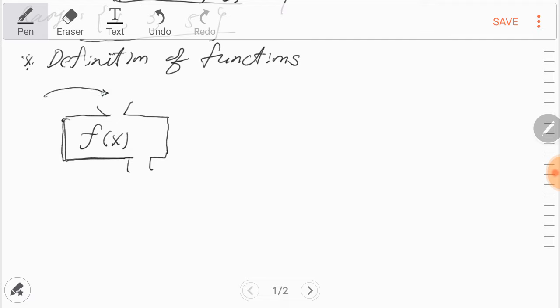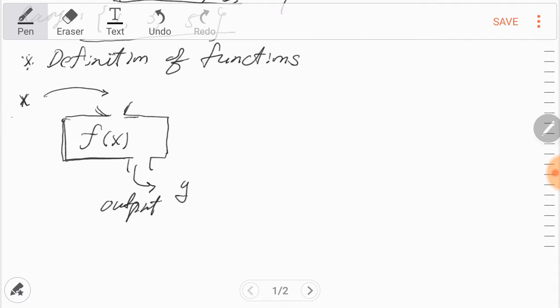You put in an input. Let's say x is an input. x can be 1, 2, 3, any number. A number goes inside the box, and the box processes it and gives the output. This output value is y.